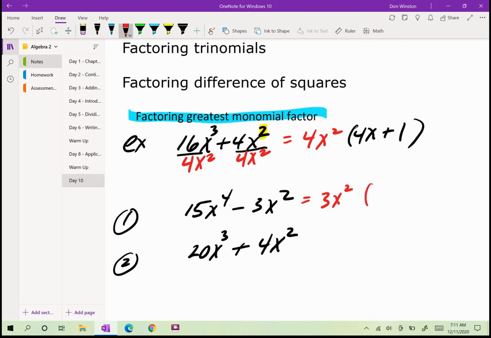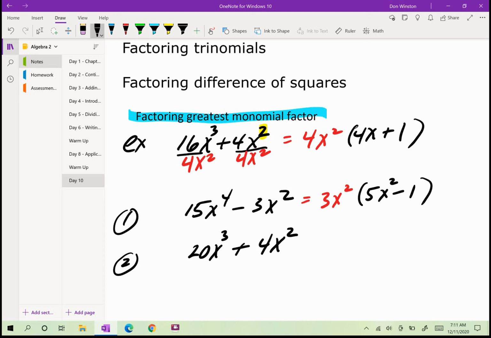Then what I have left over will be 5x squared. 3 times 5 is 15, and x squared times x squared is x to the fourth, and then minus 1, because 3x squared divided by itself is 1.